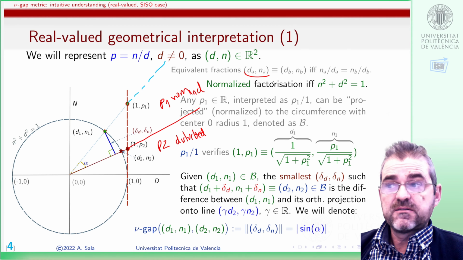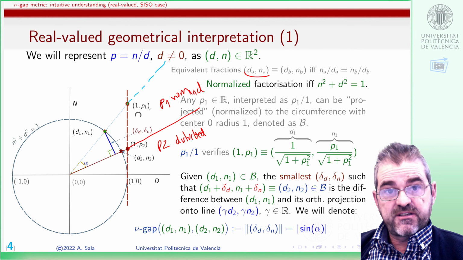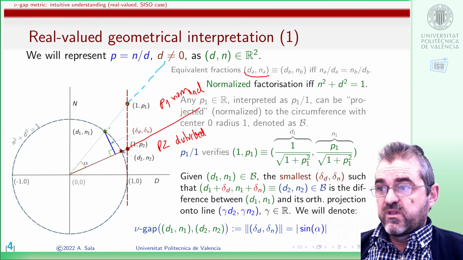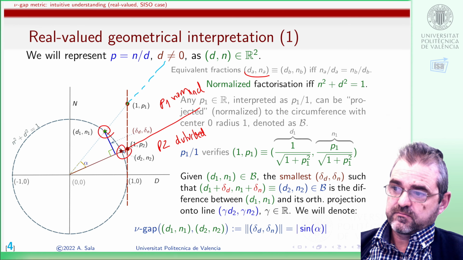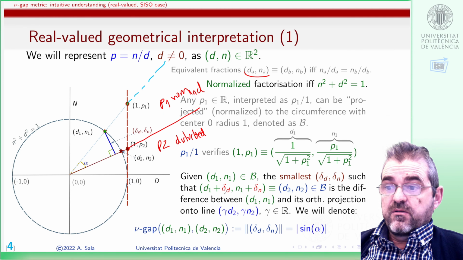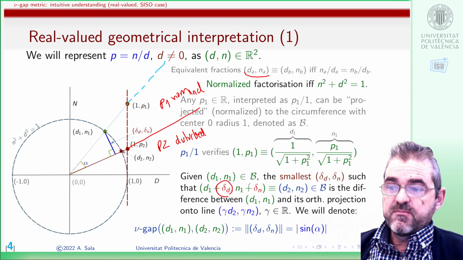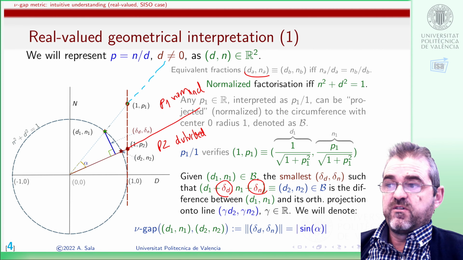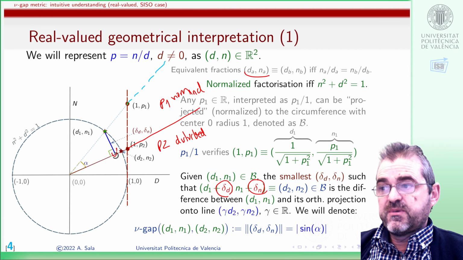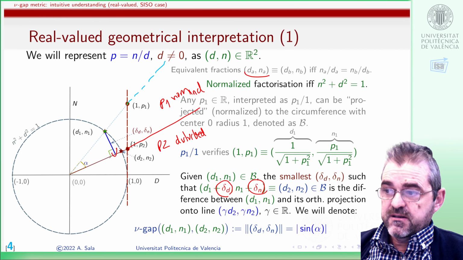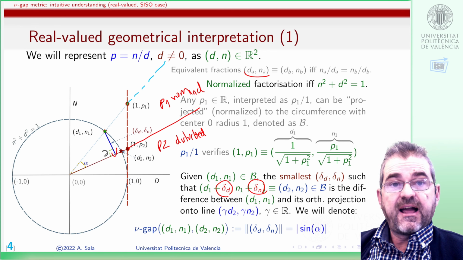The normalized representation is the intersection of that line with the unit circumference, and the norm of the minimum deviation that converts P1 into P2 is the sine of the angle between the two lines.